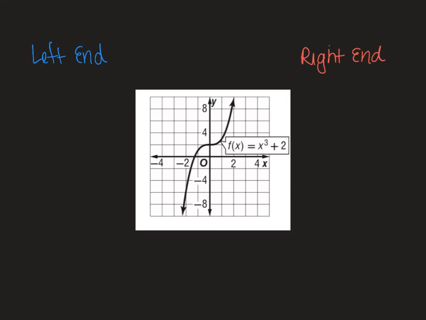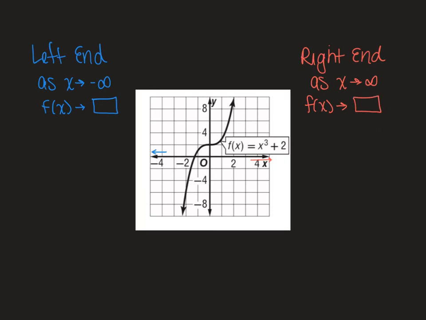As I'm traveling along my x-axis to the left, we're going to write as x is approaching negative infinity, it's getting smaller, f of x is going to approach what? And for our right end, x is getting greater. So as x is approaching infinity, f of x is approaching what?